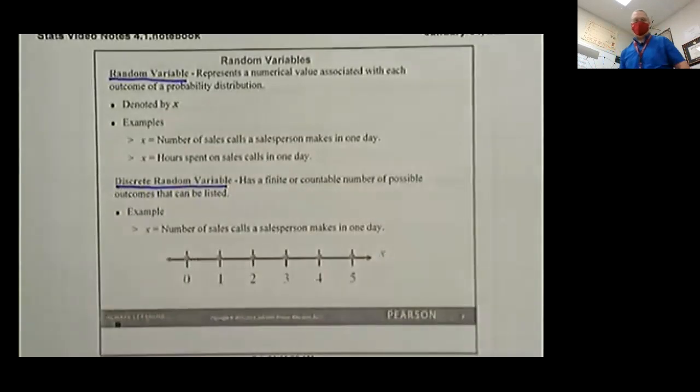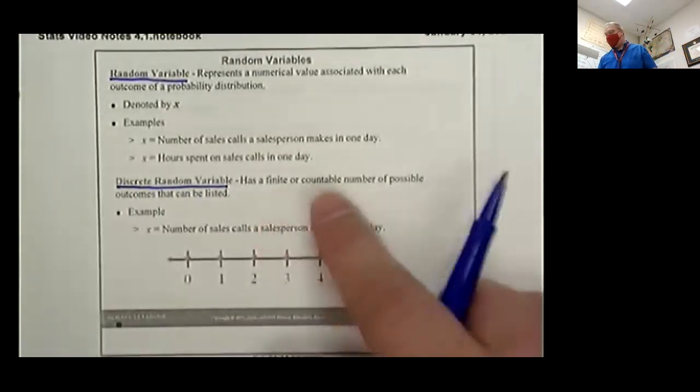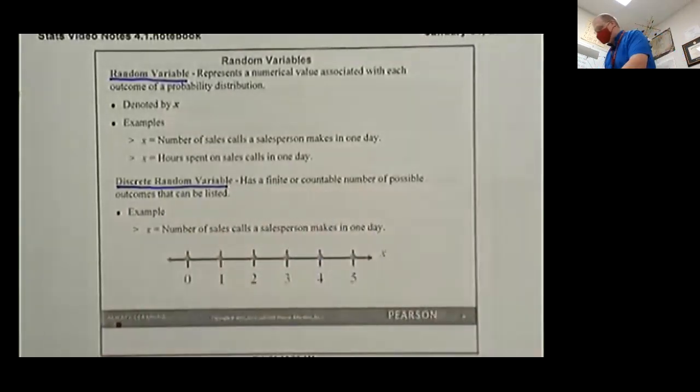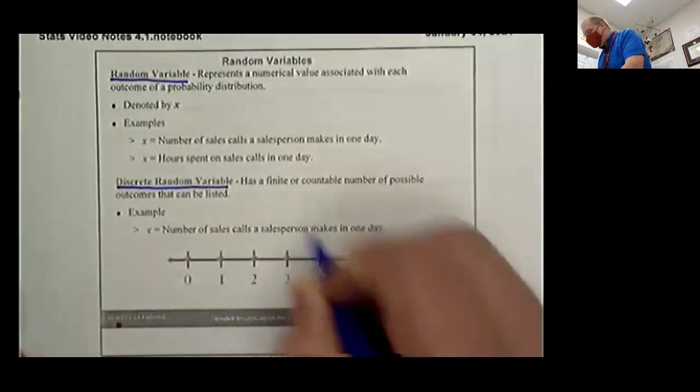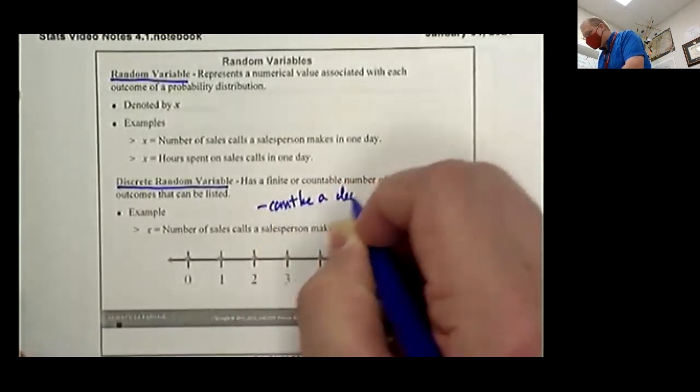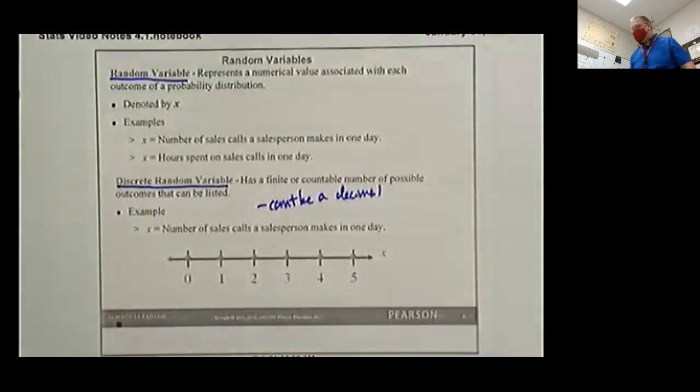A discrete random variable has a finite or countable number of possible outcomes that can be listed. The point on that one is it can't be a decimal. Finite means countable.